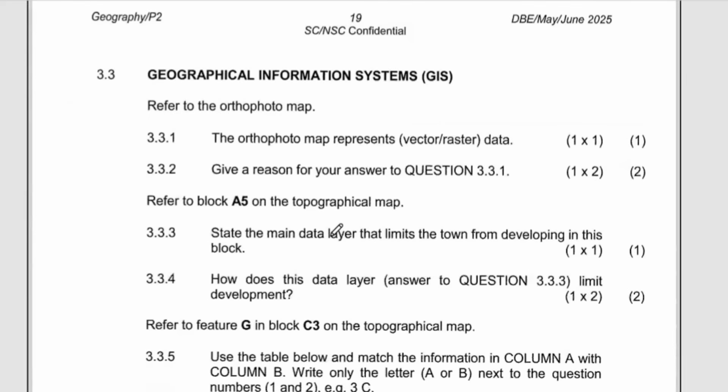So the orthophoto map presents, is it raster or vector data? The orthophoto map is raster data. Why? This one is an image and it's presented in pixels. That is why it's raster. It's a real-time image captured using a camera. It has pixels.